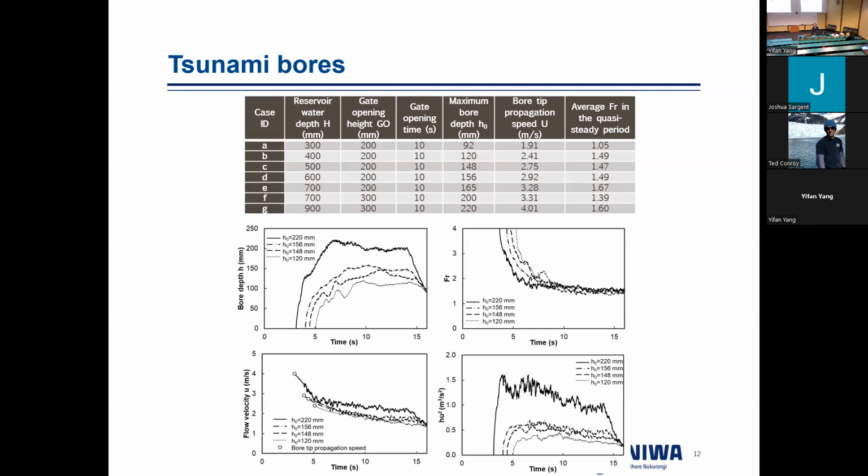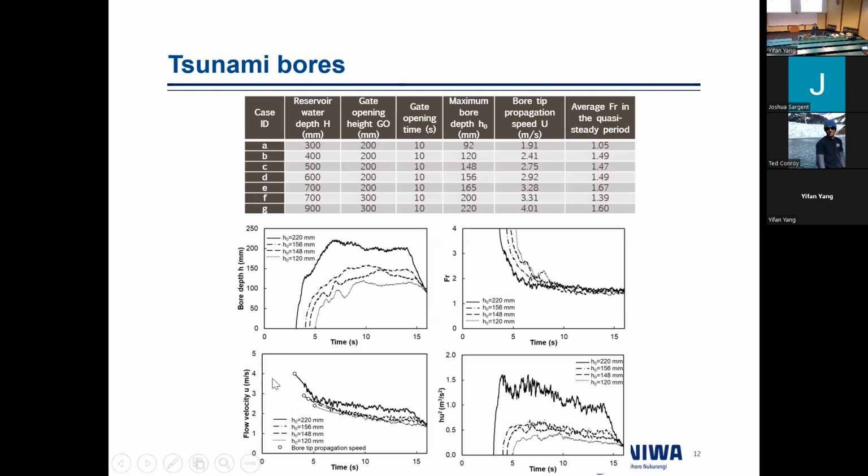If you use an ADV, you know that it's difficult to measure the velocity of the bore front because of the aeration and because of its being exposed to air initially.